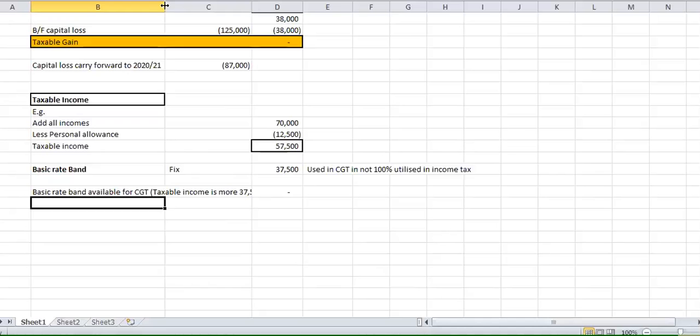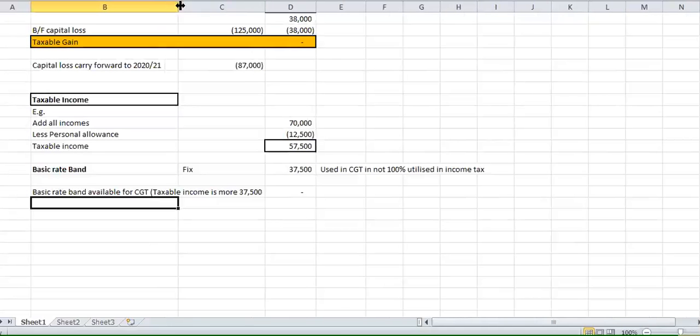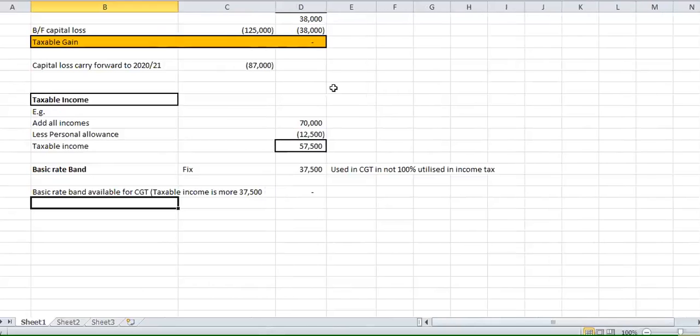Because our income is more than 37,500 pounds, this band has been fully utilized in the income tax. So the basic rate band is not available for the CGT. So the lower rate of tax is not applicable in the CGT.